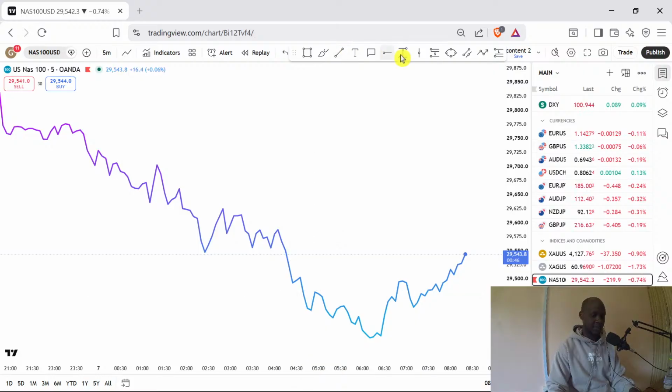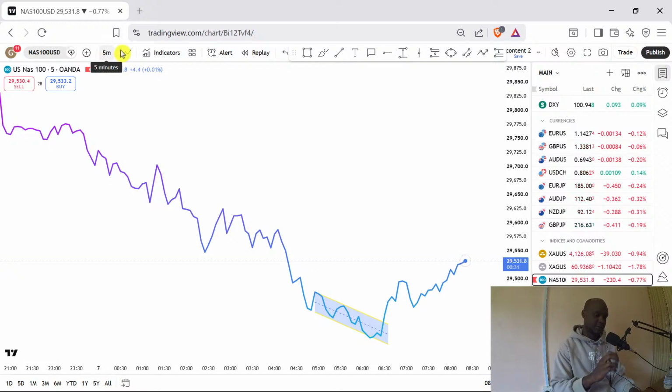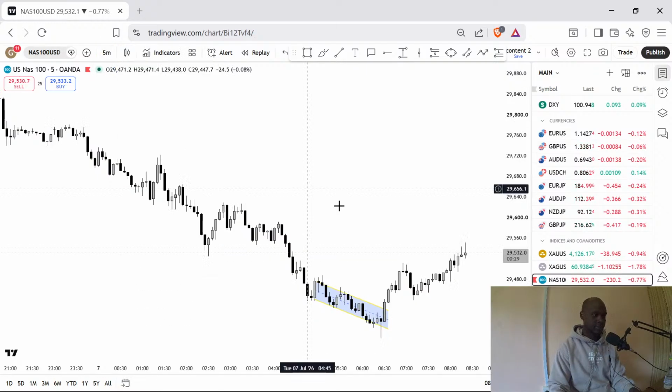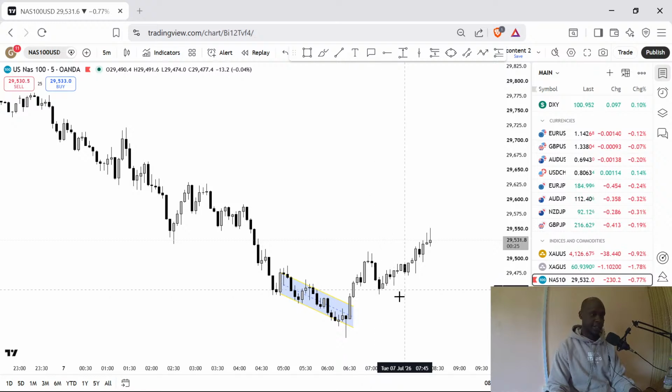So you can see here clearly, just draw this trend line at the top and another one at the bottom. You can see price will play around inside of this channel, and it's some sort of a squeeze. Then we got the push to the upside. Now we did not get the entry on the NAS 100 as price continued pushing higher without giving me my entry trigger.